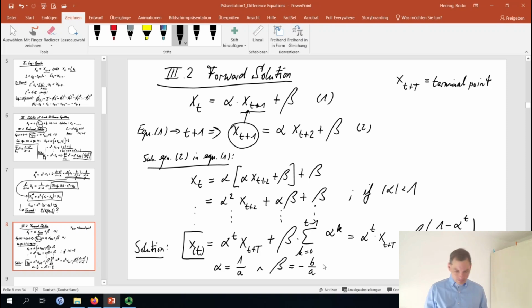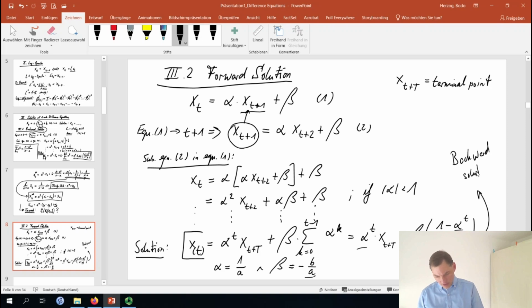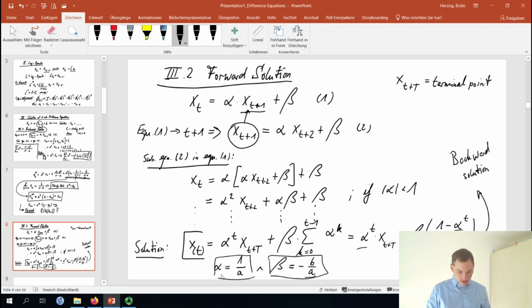So if I plug in for alpha 1 over a, and for beta this term, you can convert this function to the backward solution we obtained above. Or if you plug in the above a and b, the reverse terms, you can also convert it in the other direction.